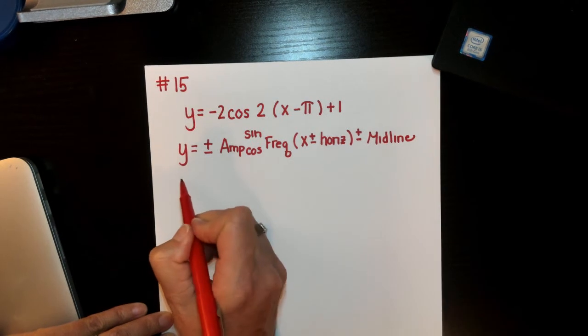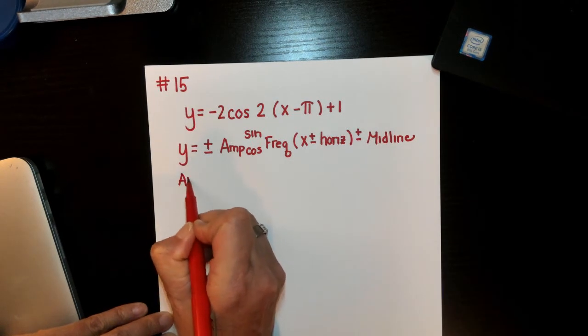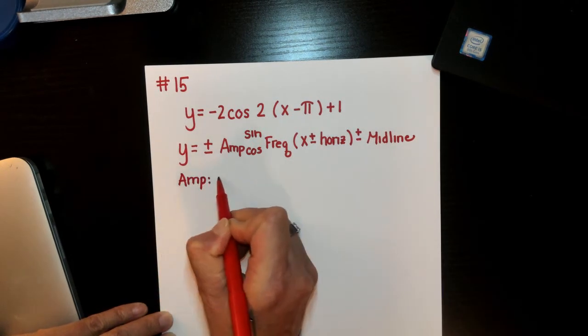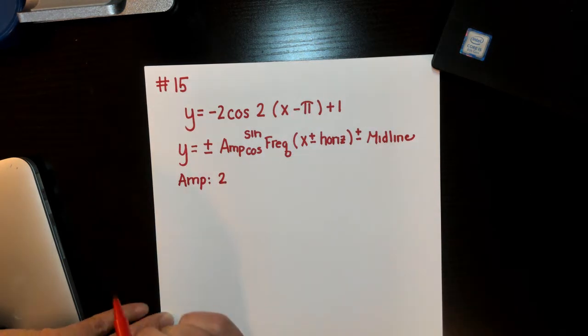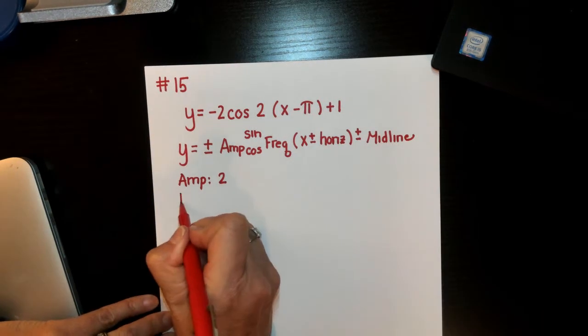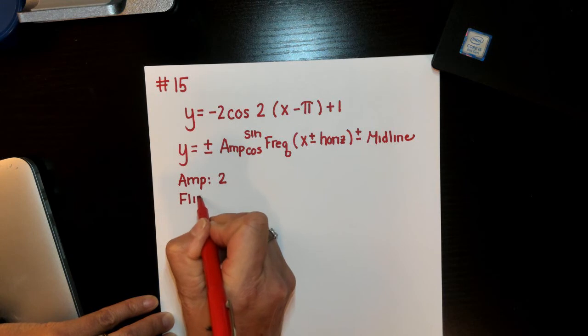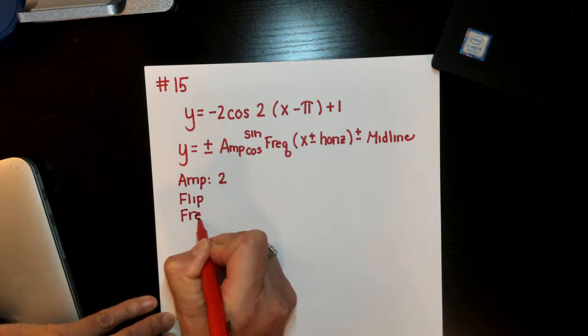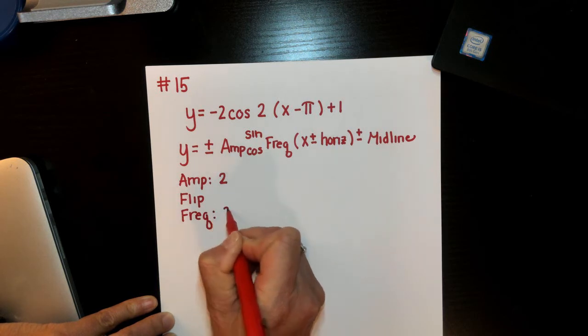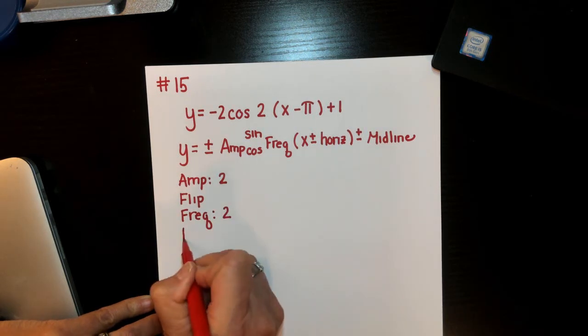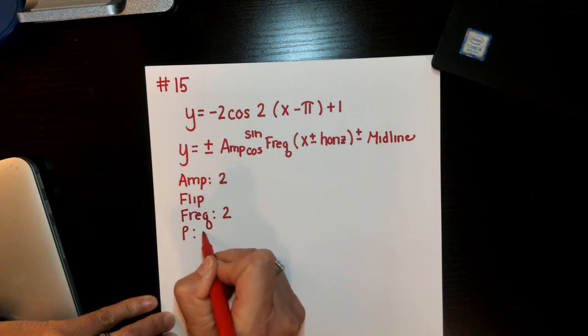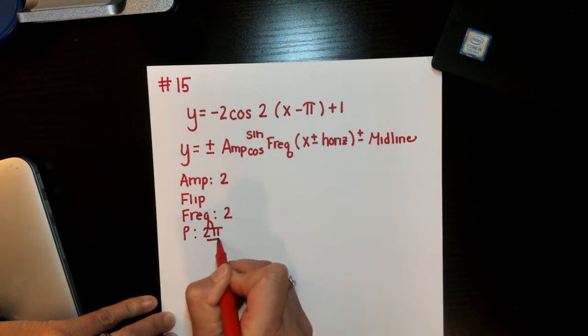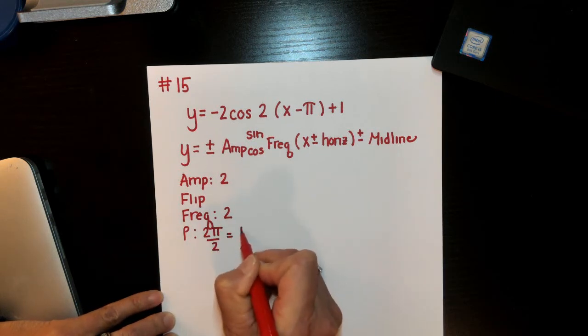Alright, so we have an amplitude of 2. Remember, that is the distance from the midline. We have a negative, so it's a flip. Our frequency is 2, which means our period is 2 pi divided by 2, or pi.